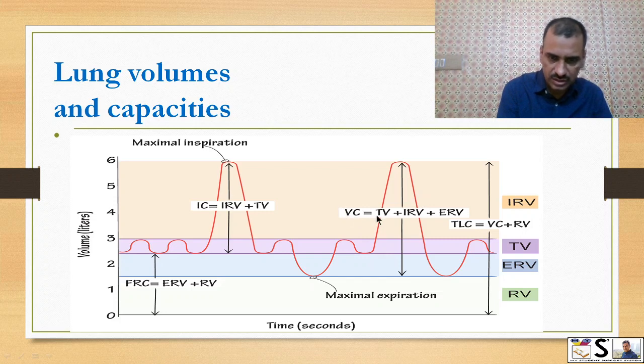This is vital capacity starting from here. It includes tidal volume, inspiratory reserve volume and expiratory reserve volume. And this is total lung capacity, which includes vital capacity and residual volume.